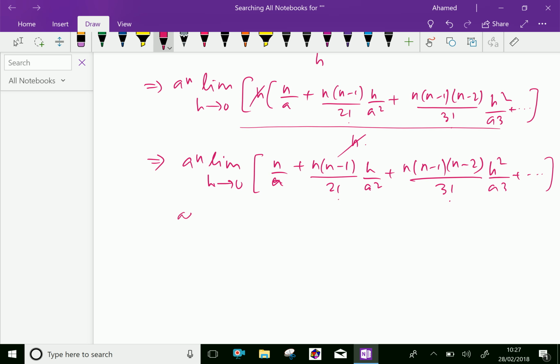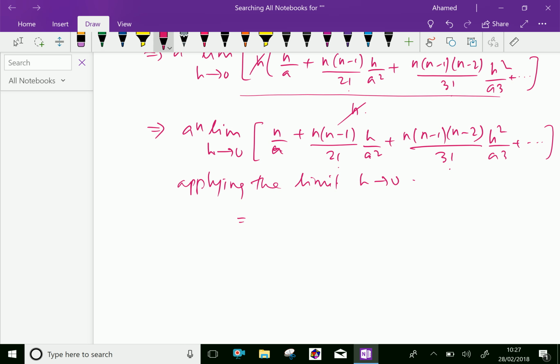Applying the limit h tends to 0, a^n is already out, into n over a.